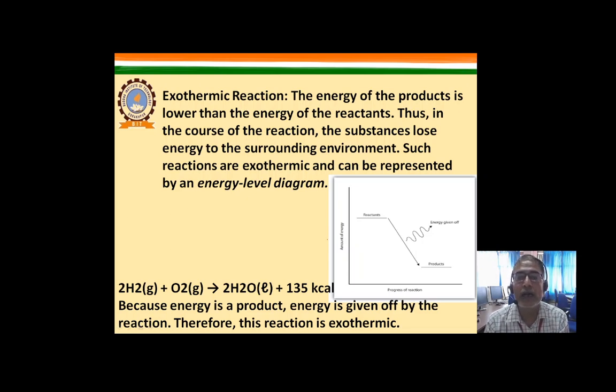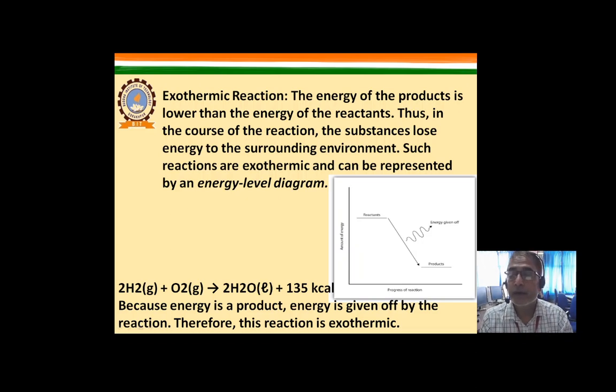Such reactions are exothermic and can be represented by an energy level diagram. In the diagram, you can see the reactant is more and the product is less, and there is a discharge of energy. In an exothermic reaction, energy will be liberated, or you can say energy will be released.